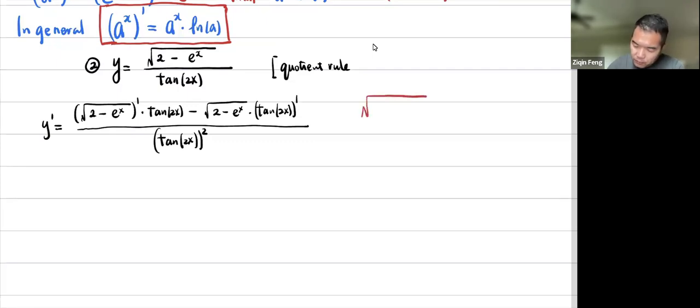Square root of 2 minus e to the x, prime. I can see that this is a composition of two functions. So this is 2 minus e to the x to the power 1/2, prime. The inner function is 2 minus e to the x, and the outer function is x to the 1/2.